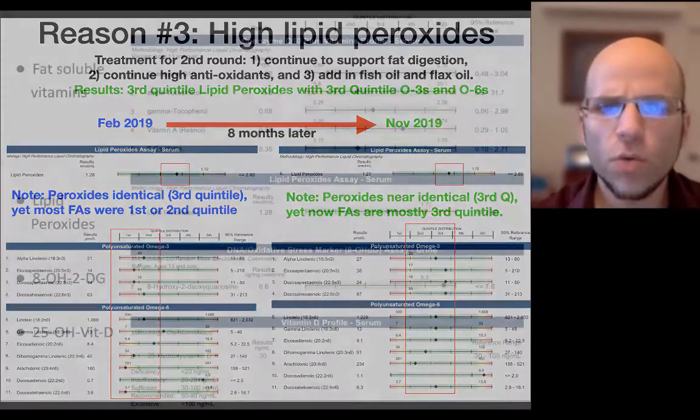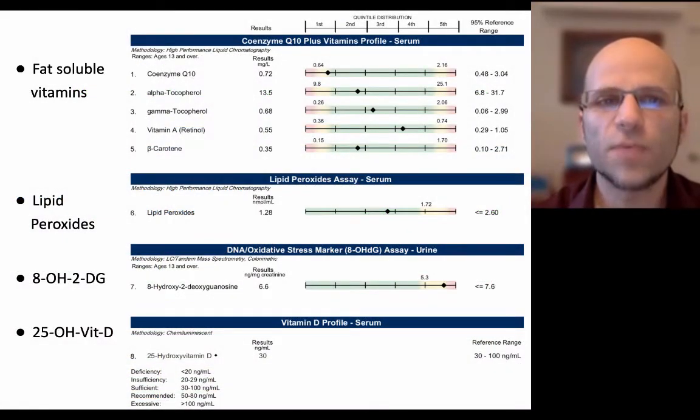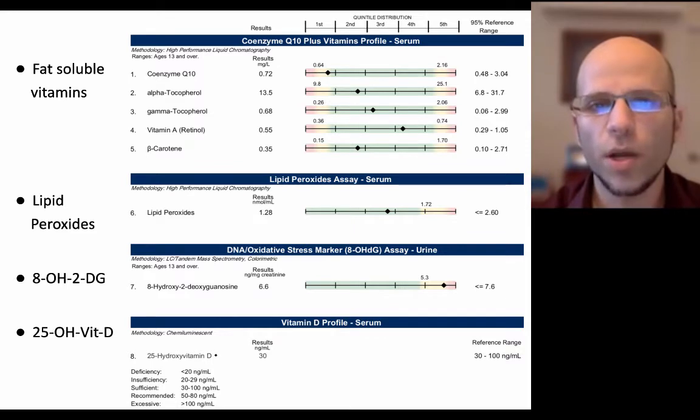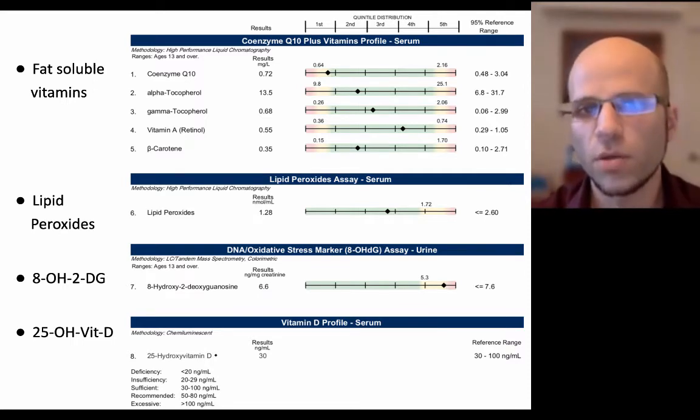And just to show what type of fat-soluble vitamins we're talking about, this is another page off the ion panel. One clue that he needed support with his fat-soluble vitamins is that his CoQ10 was in the first quintile.